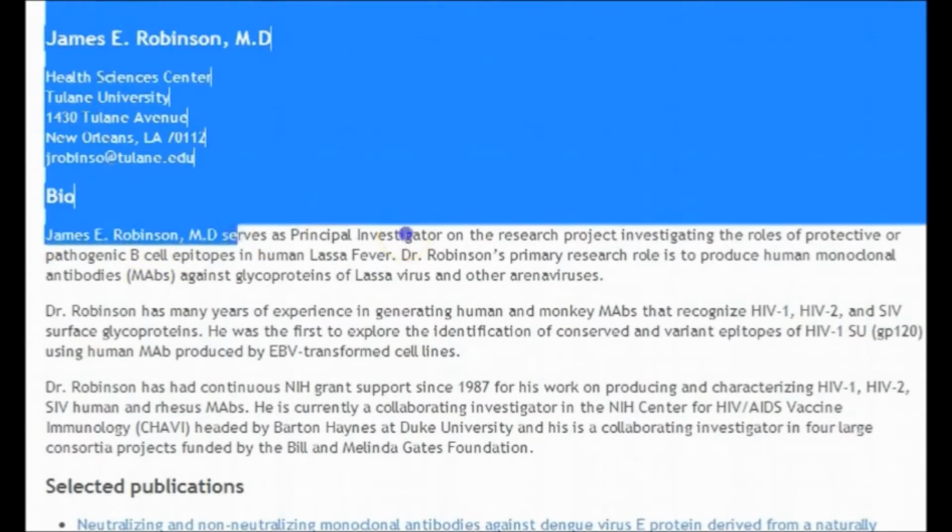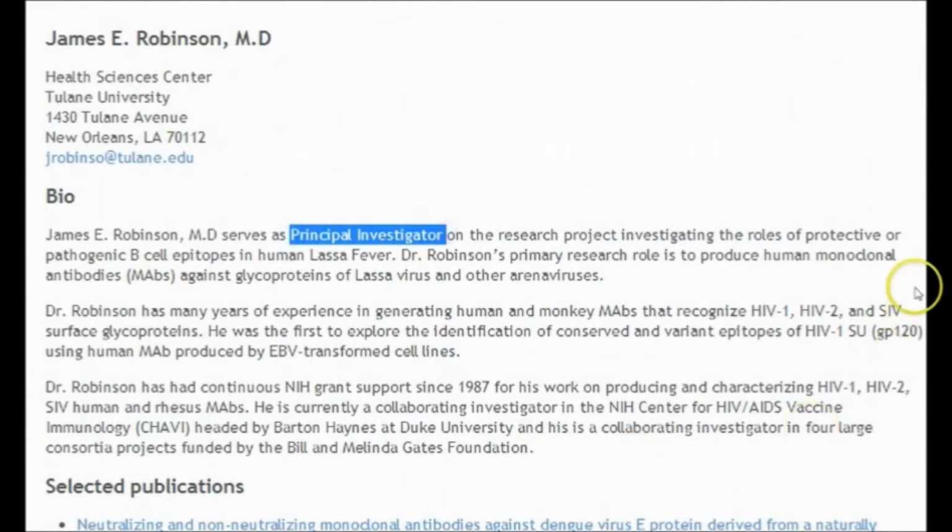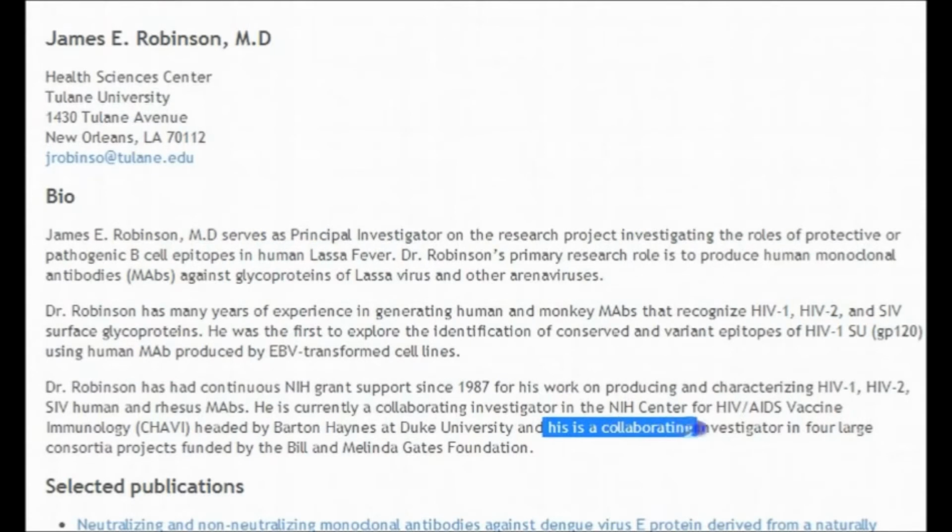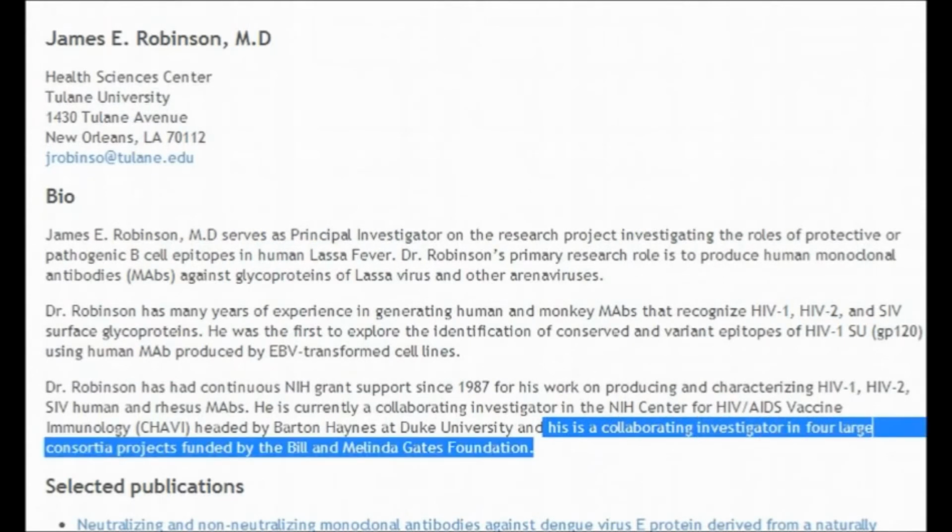James E. Robinson, MD, serves as a principal investigator on the research project investigating the roles of protective and pathogenic B cells in human Lassa fever. He is a collaborating investigator in 4 large consortia projects funded by the Bill and Melinda Gates Foundation. Why do they always have their names in things like vaccines and things like Ebola? How come they keep showing up?